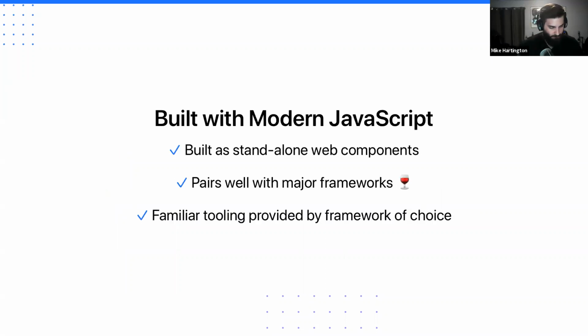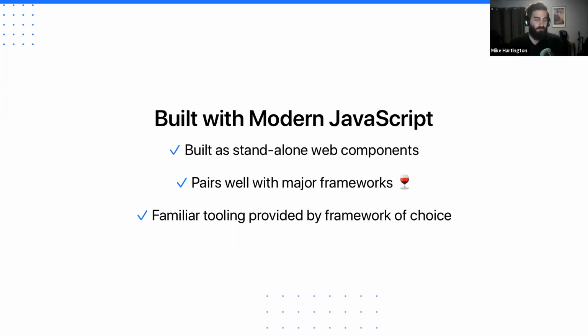Now, Ionic is pretty unique in the component and UI toolkit space in that it is built as standalone web components. Meaning, if you don't want to use a framework, you want to just roll your own tooling, your own ecosystem, your own web page and your own infrastructure, you can still use Ionic's components and import them as you need them inside of your app.